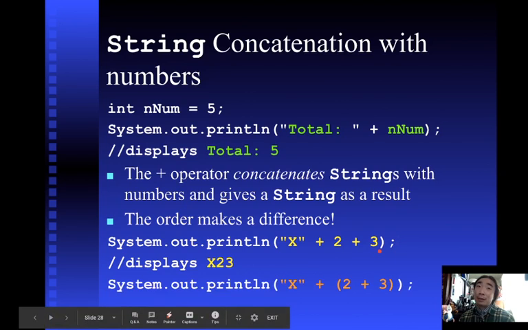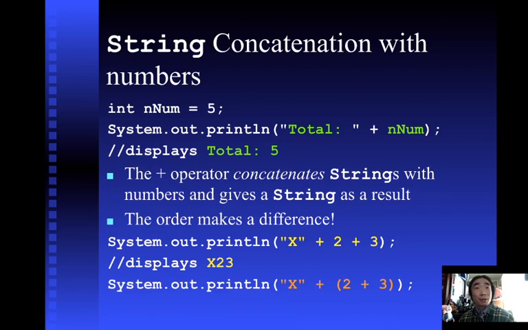Now, for the second one, have a guess on what this one would output. Notice the extra use of parentheses. Take a guess on what gets outputted. So this one, you expect to see x5. And what's going on here?